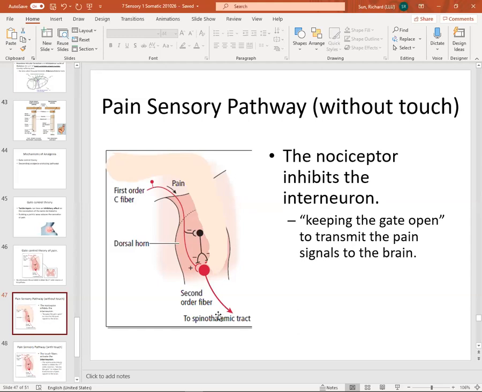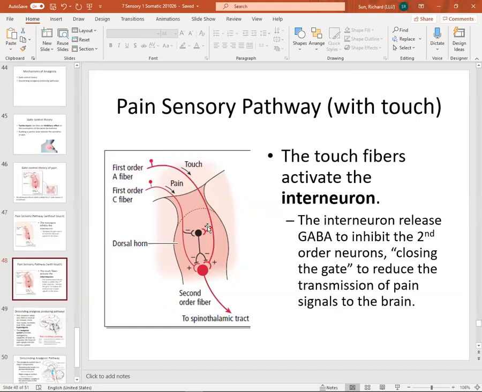Now, if you have a touch, then the touch will wake up this gate. Wake up, so it will become activated. Now it can deliver an inhibitory signal, providing its function as a gate to prevent the pain signal transduction.